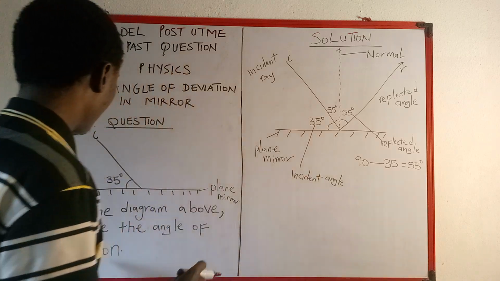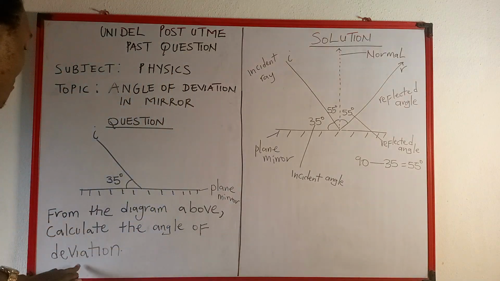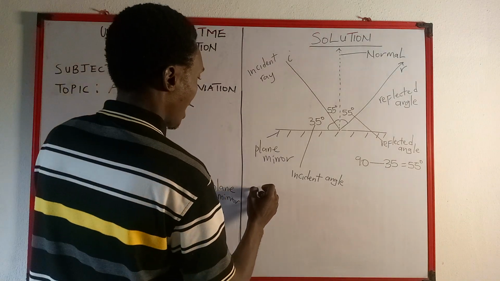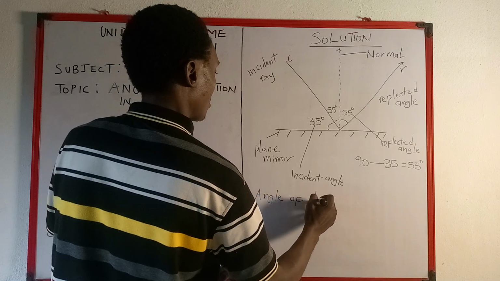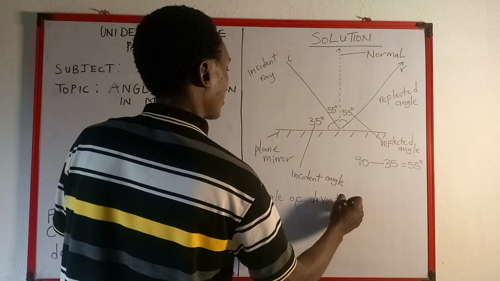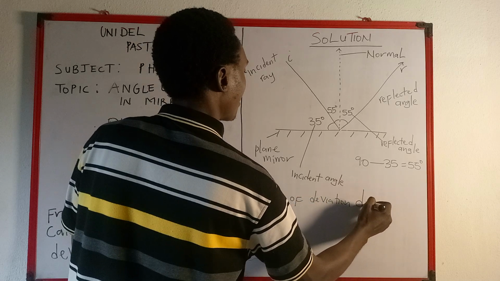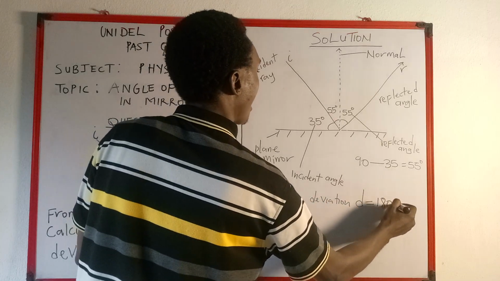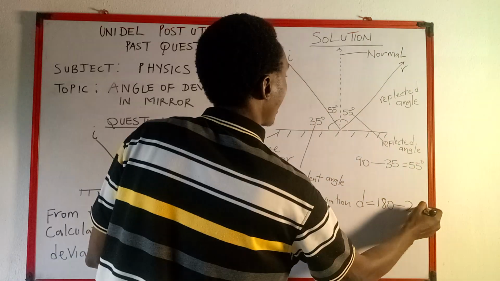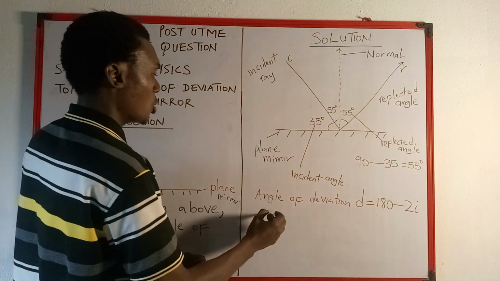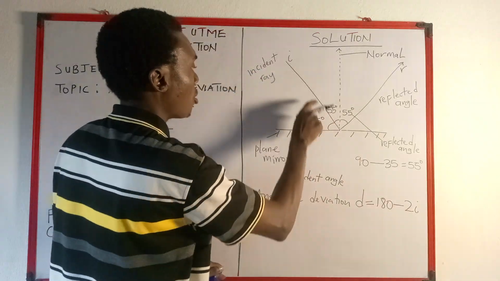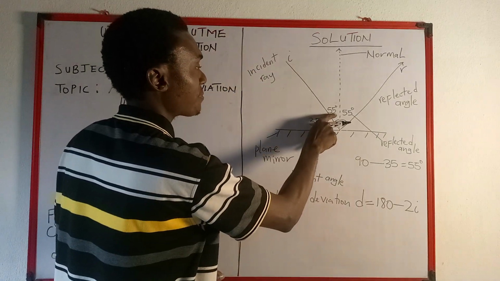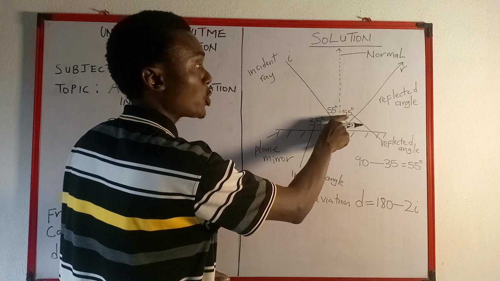Now calculate the angle of deviation. D is always given as 180 minus 2i. Take note, here is the angle of incidence, which is 55, and the reflected angle, which is also 55.